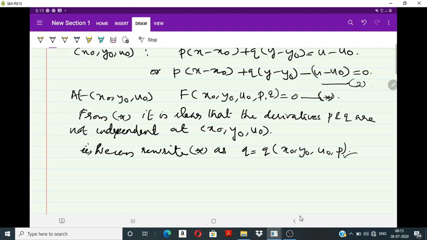So q is a function of p. Therefore q and p are not independent at the point x naught, y naught and u naught. The last two equations, equation number 2 and the star, we can rename, and let the star be equation number 3.